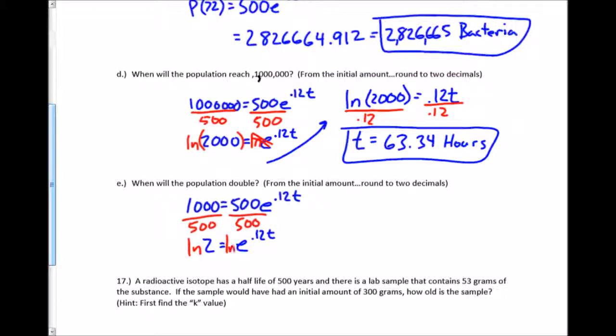Natural log and e cancel once again. Natural log of 2 equals 0.12t. Divide by 0.12. So I find out that t equals 5.78. Again, that's in hours.